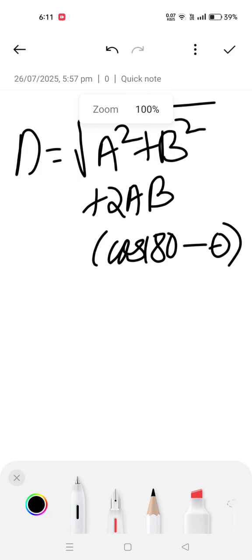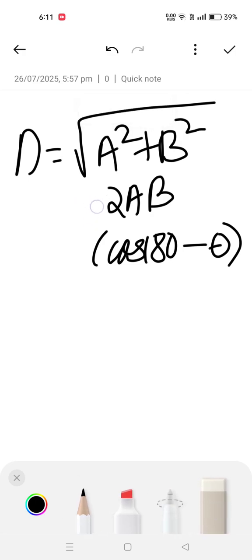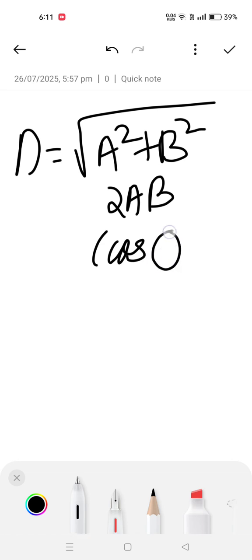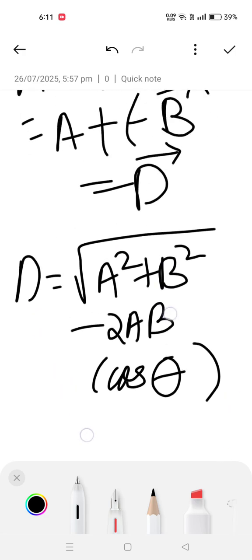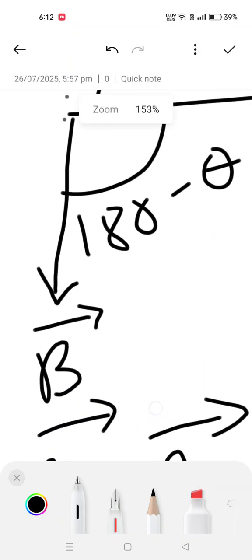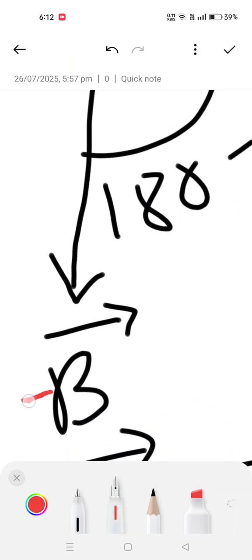Now theta is the angle. This will eventually become a square plus b square minus 2ab cos theta, because cos 180 minus theta is minus cos theta. See, this is basically the whole subtraction of vector. Now this is vector a, and this is very important to know, this is minus of vector b.